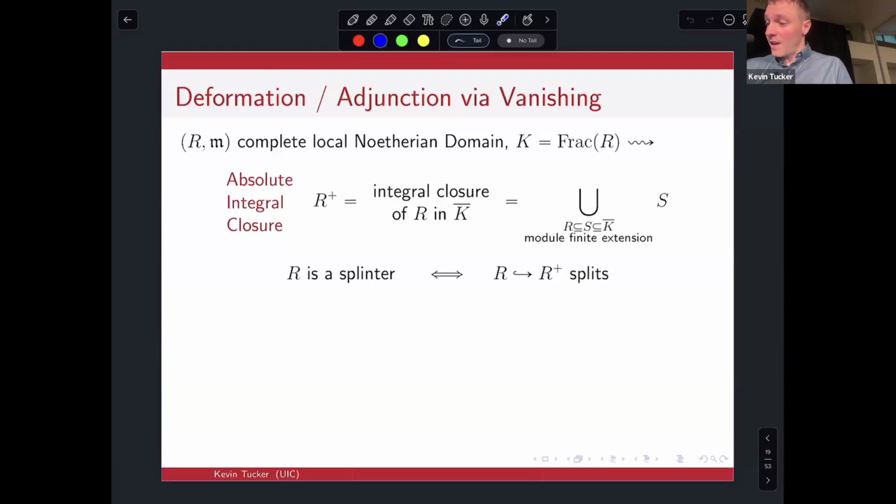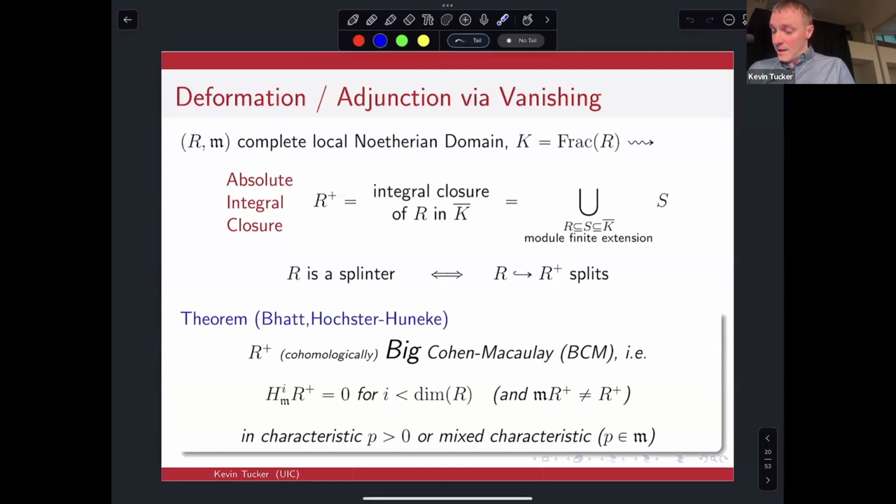Okay. So the big vanishing theorem that gives both of the theorems in some sense on the previous slide is the following. It's due to Bhatt in mixed characteristic and Hochster–Huneke in equal characteristic. This R^+, when considered as an R-module, is a big Cohen–Macaulay R-module.